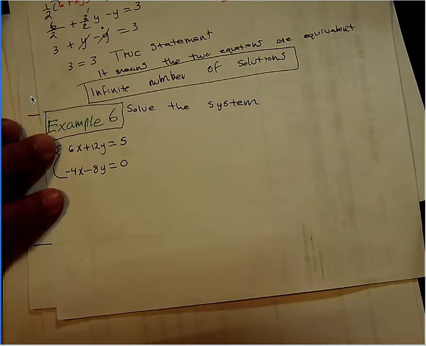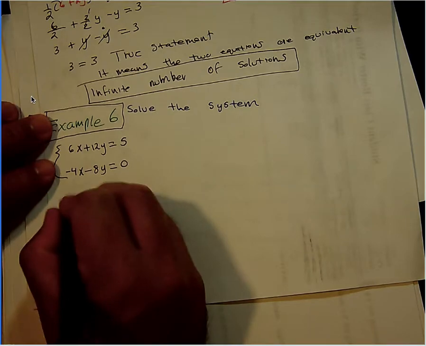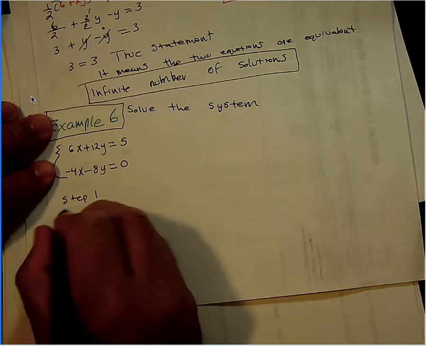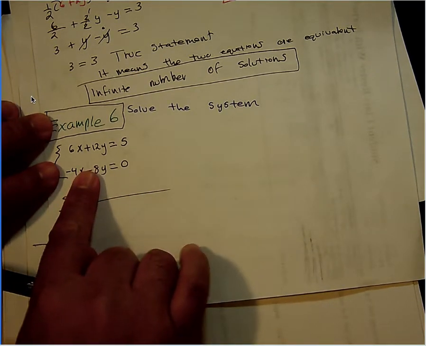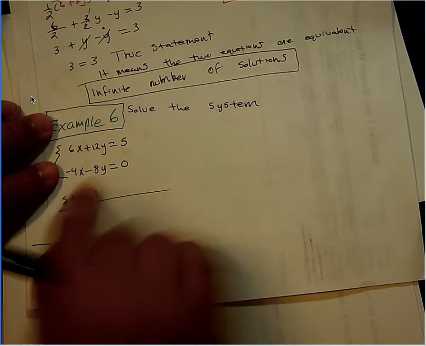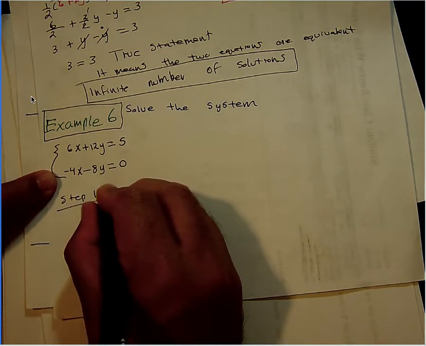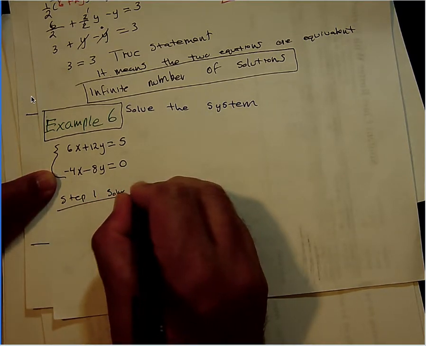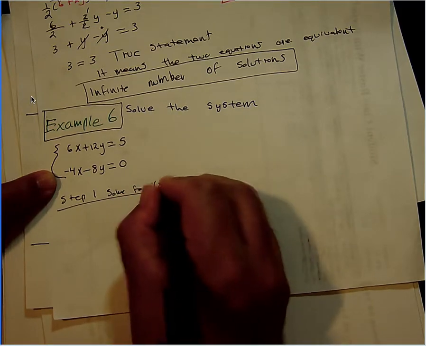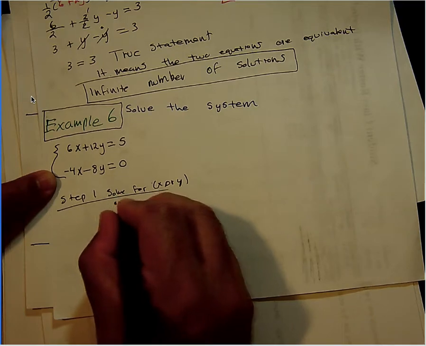Okay, for this one, so let's do step 1. Step 1, since none of them are solved, you're going to pick one and solve it. I'm going to solve for this one. So this is where you solve for x or y. Solve for one equation.